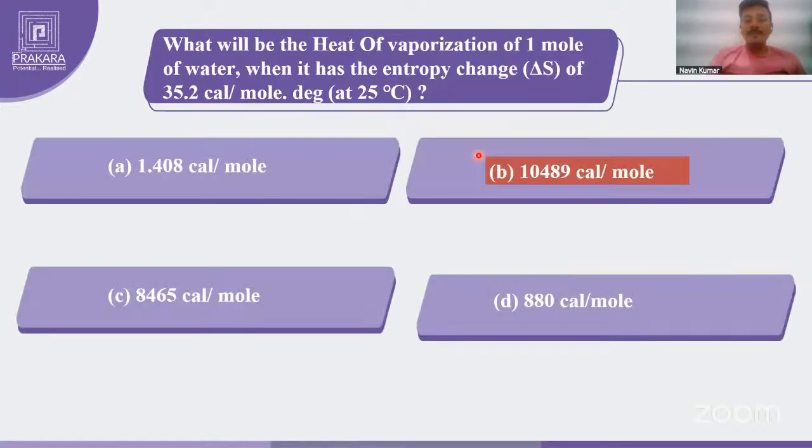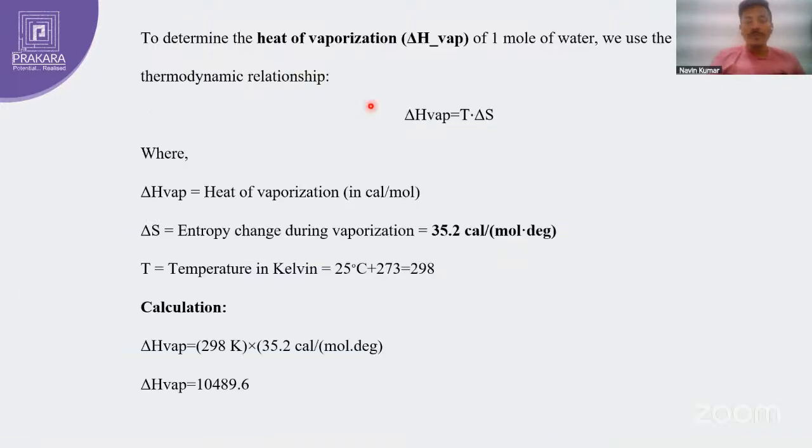The given temperature was in degrees, that is 25 degrees Celsius. So first, we are going to change this 25 degrees into Kelvin. To change degrees Celsius into Kelvin, we have to add 273. It's a very simple formula. Just add 273.15 to the degree Celsius, and you will have your answer in Kelvin.